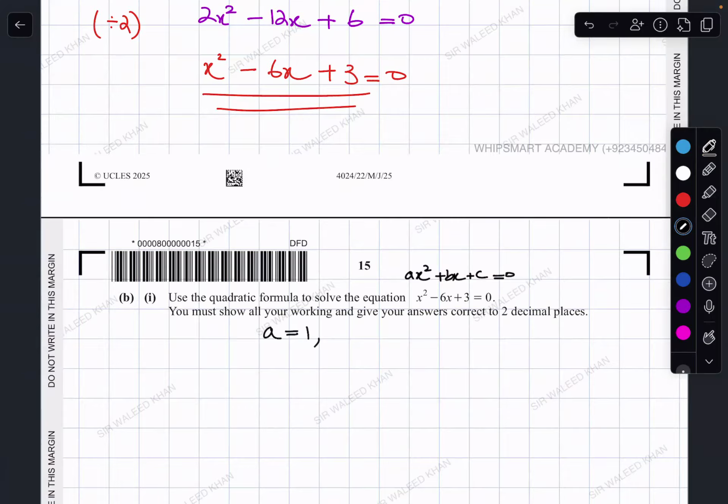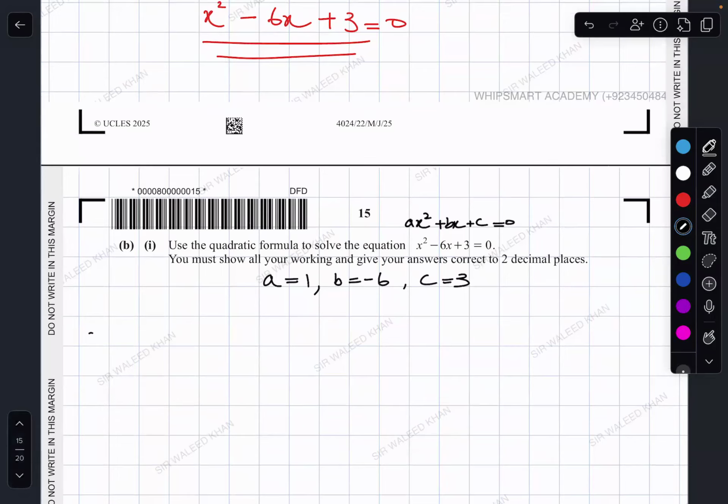The coefficient of x is minus 6, so b is minus 6. And the constant is 3, so c is 3. I'm going to apply the quadratic formula: minus b plus minus under root b squared minus 4ac, by 2a.